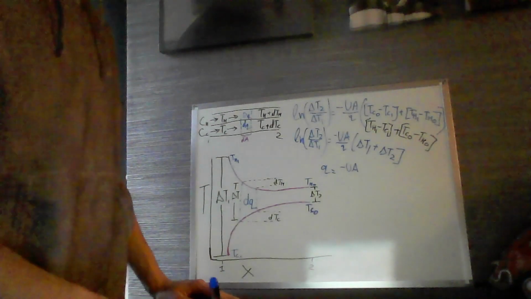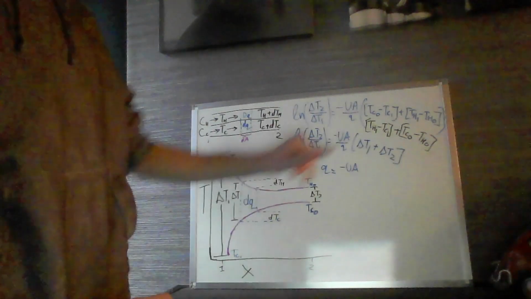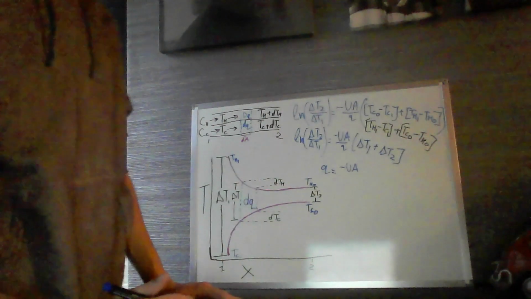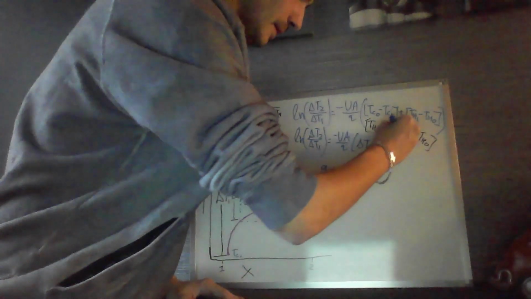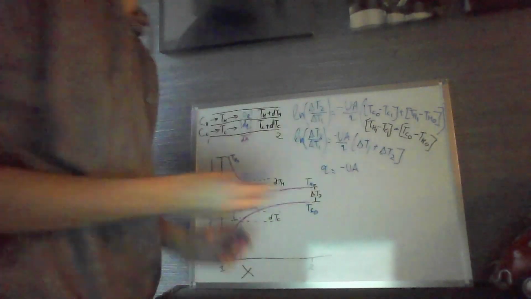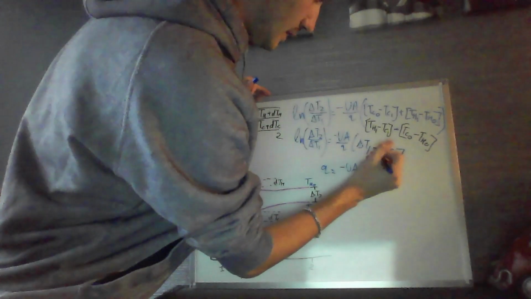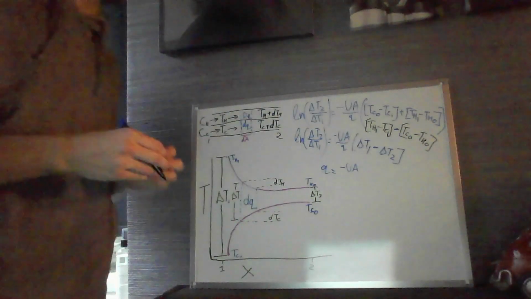Okay, so if you look back, I don't know how I skipped over it, this is not TCO minus THO, but if we flip it around, make this a negative, this becomes THO minus TCO, so we get our negative delta T2.